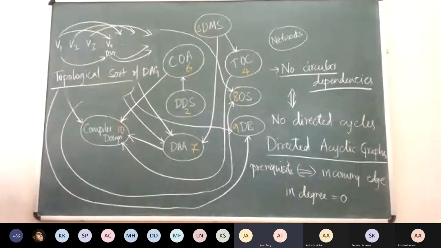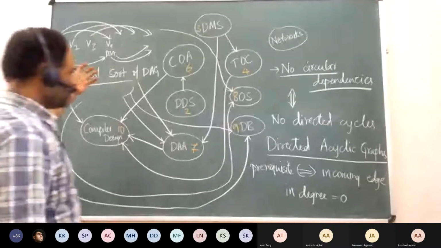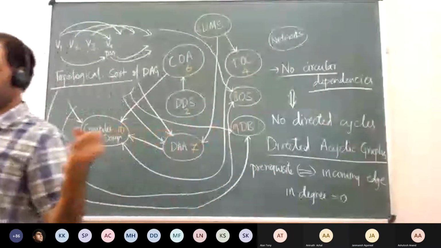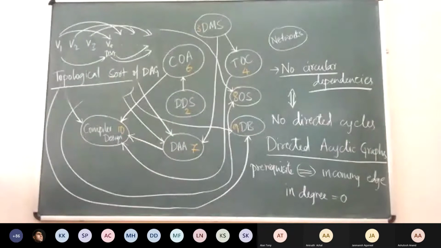Sir, so any graph which looks... Yeah, come again. What did you say? What does prerequisite imply, incoming edge, sir? Yeah, with respect to our model, suppose some course had a prerequisite, then there would be an edge coming into it from some other vertex, right?